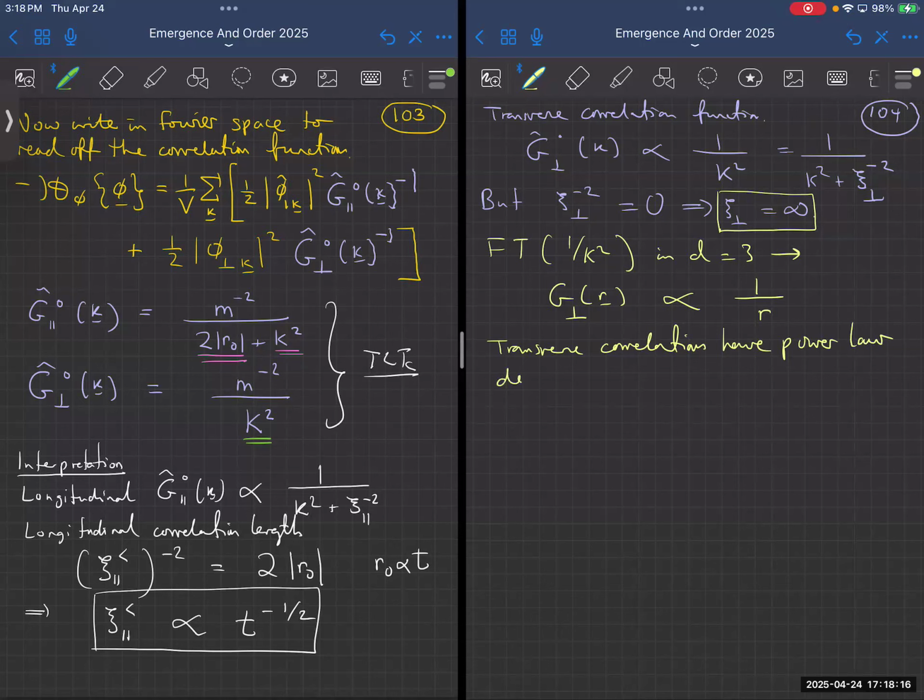And you might say, oh yeah, well, they have power law decay. That's because we're near a phase transition and correlations start to decay as power laws when you get close to TC. But we're not close to TC. This is true for any temperature less than TC.